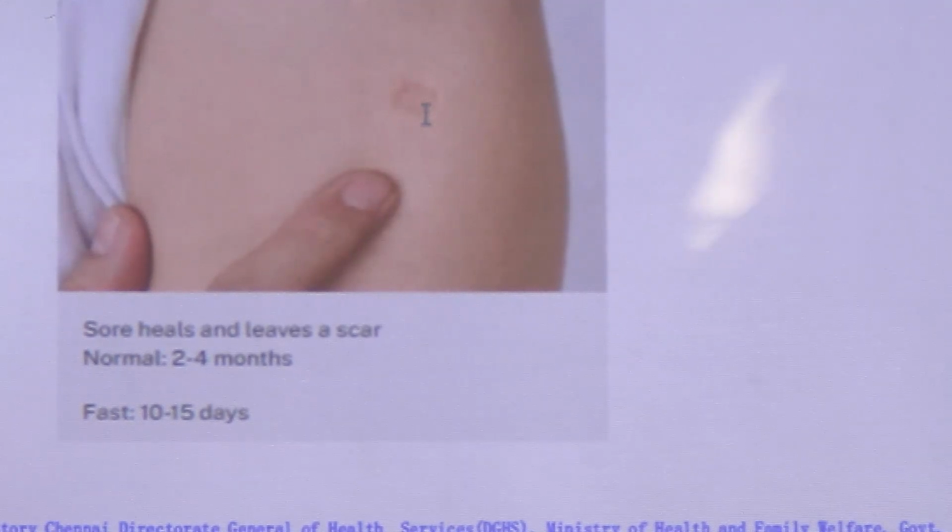Now, why am I telling you all these things? Because whenever you are vaccinating a child, you need to convince the mother that this is a normal healing process. Because no mother will accept having a child with an ulcer on the arm.